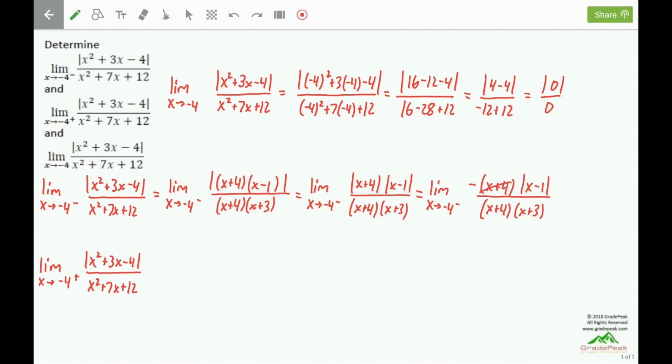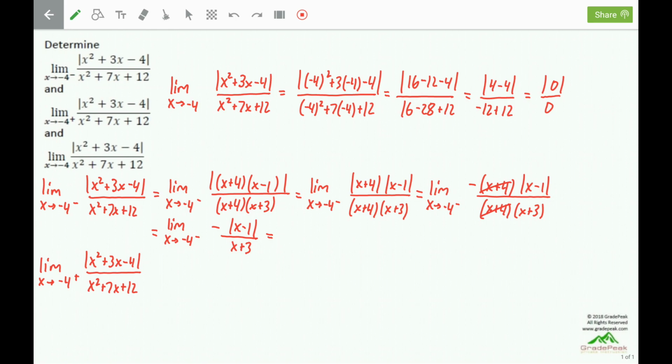It's the x plus 4, and it can cancel in the numerator and denominator. And that'll leave us with the limit as x goes to negative 4 from the left side of the negative absolute value of x minus 1 over x plus 3.